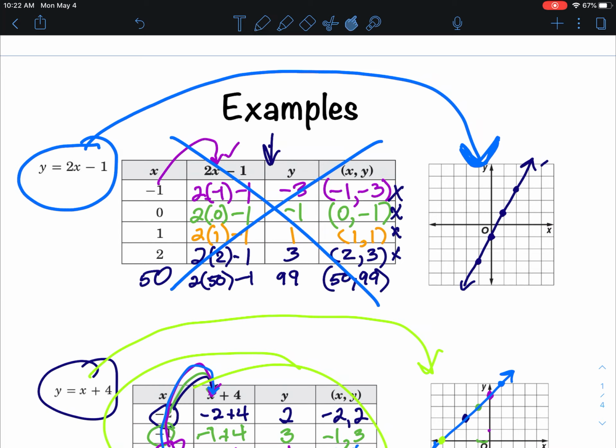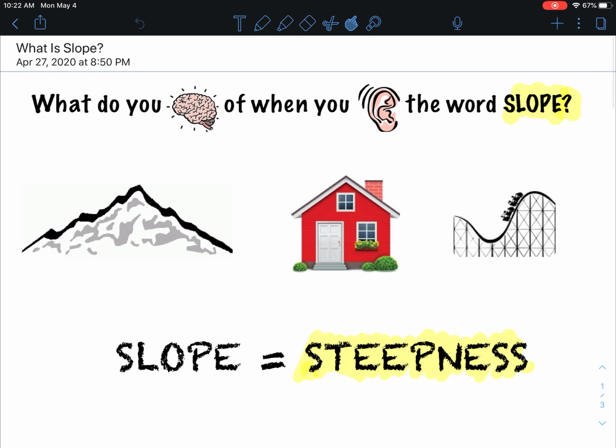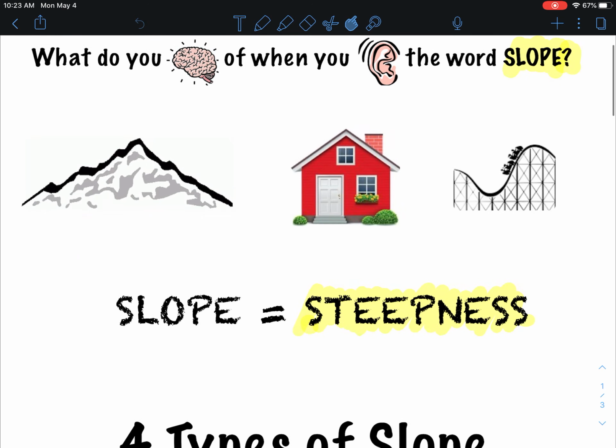So in order to do that, we have to do some work first, okay? We basically have to understand what slope is. So when you think of the word slope, what comes to mind? Do you think of a mountain slope?